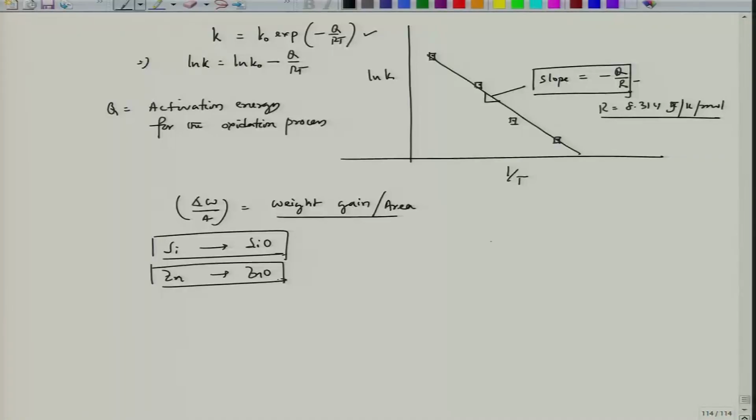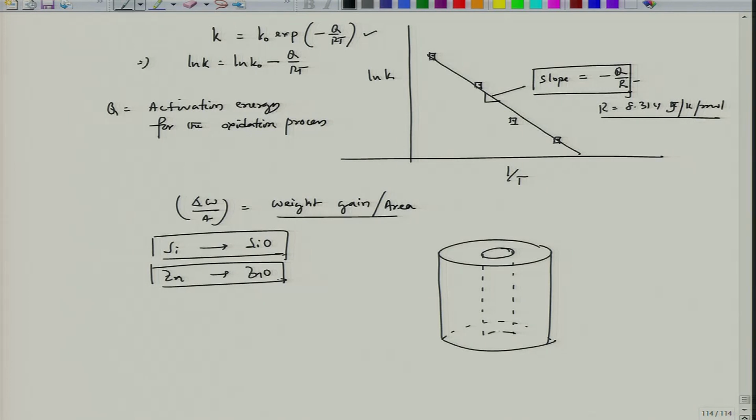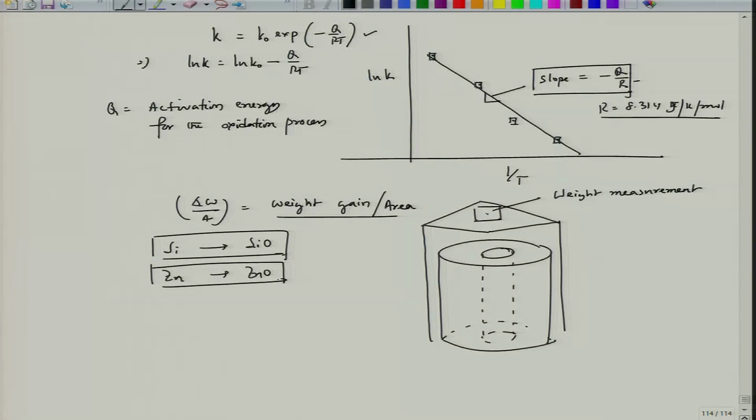We are measuring the weight of that particular metal with the help of a weighing machine. Previously it used to be done crudely in a tube furnace. You can design your furnace: you have a tube furnace like this, you have a stand, then keep a weighing machine for weight measurement, and then hang a sample like this.